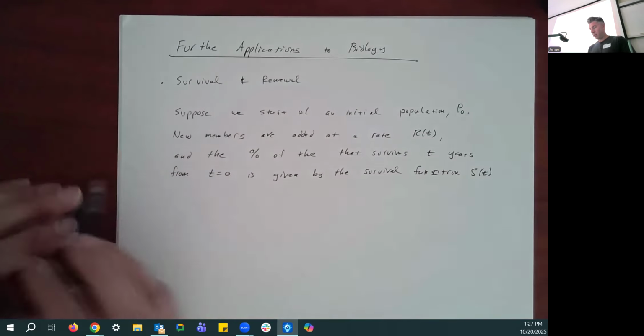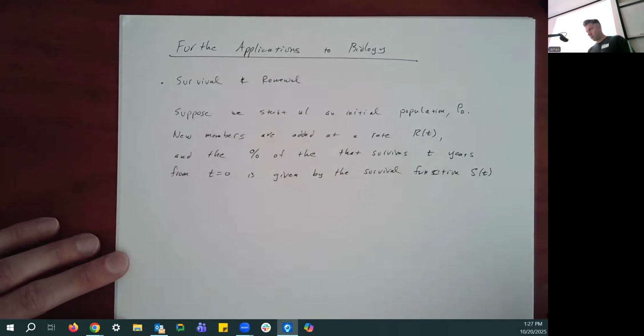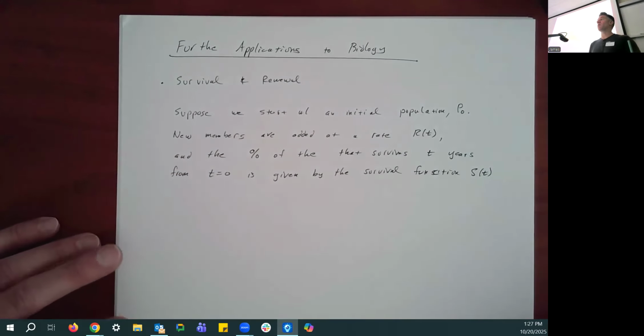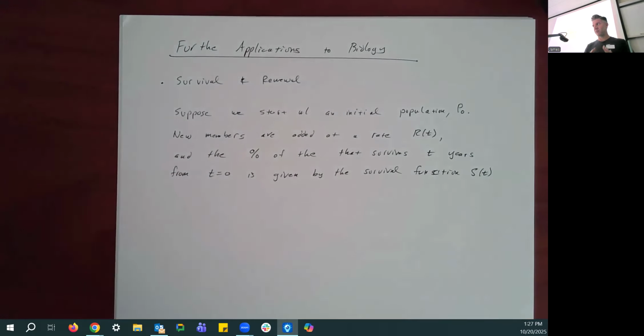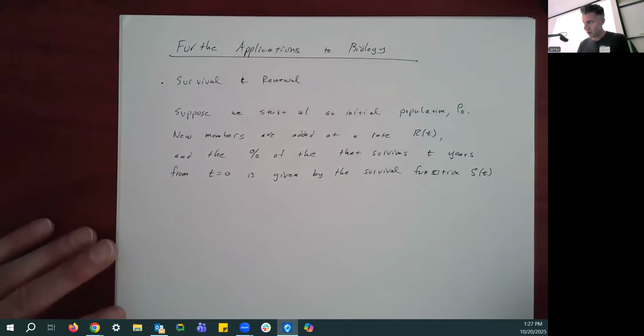I should also point out the little t's are time as a variable. There's going to be a big T, which is going to be time as like a value, which feels weird, but it's fine.